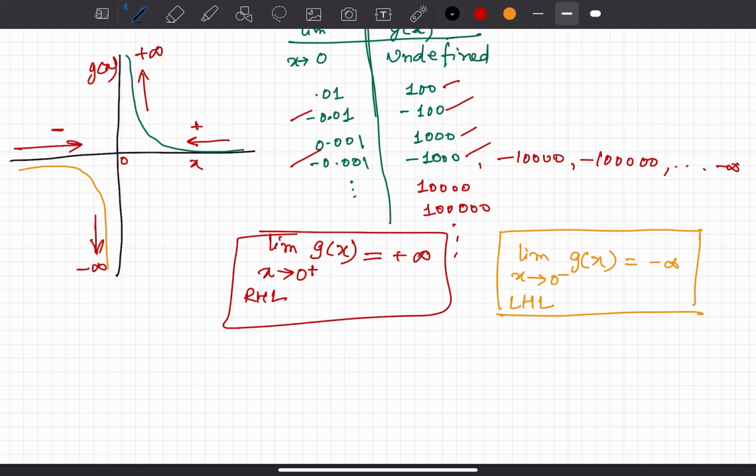So ultimately we can see that RHL, right hand limit, is not equal to left hand limit.